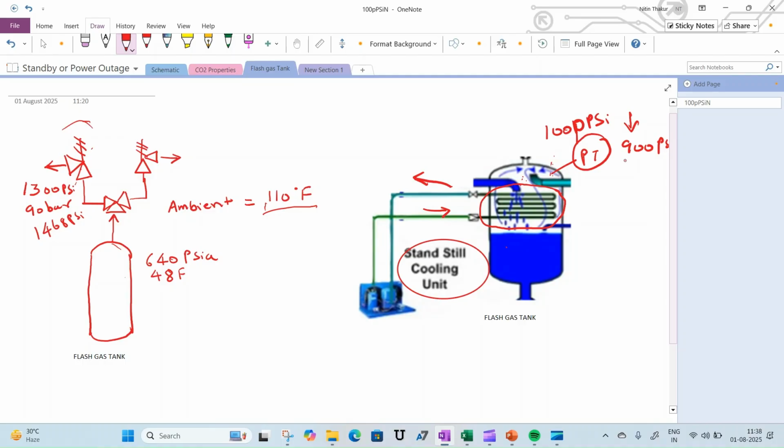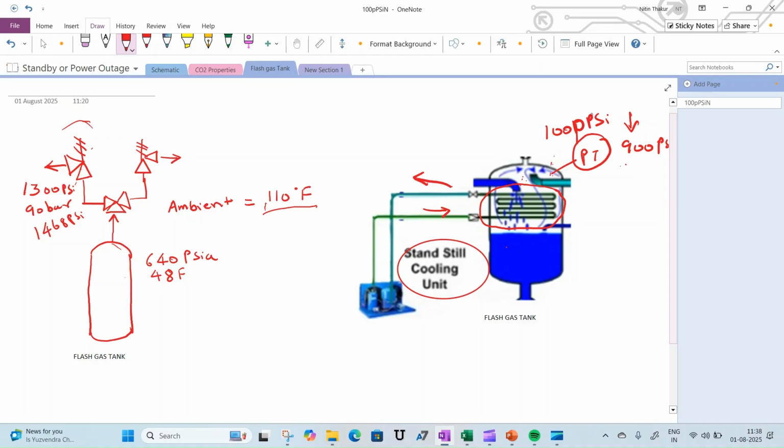Again, if the pressure goes up for some reason, let's say the chiller is still in standby, then it hits 1000 psi, the standstill cooling unit starts and condenses all the CO2 vapors into liquid, and stops when the pressure reaches 900 psi.